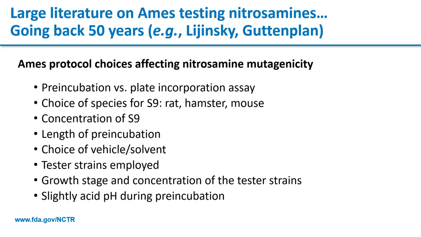And it actually used the nitrosamine NDMA to demonstrate that. And here's a list on this slide of a number of the protocol choices, mostly compliant with test guideline 471, that one can apply with testing of nitrosamines, and that seem to have different effects on the mutational yields in the assay.